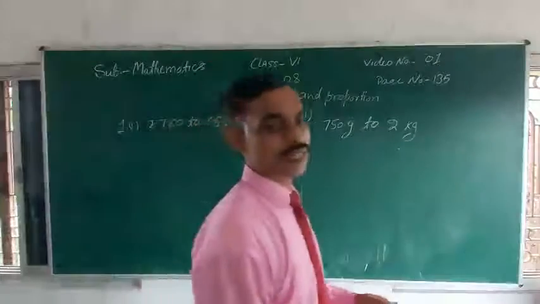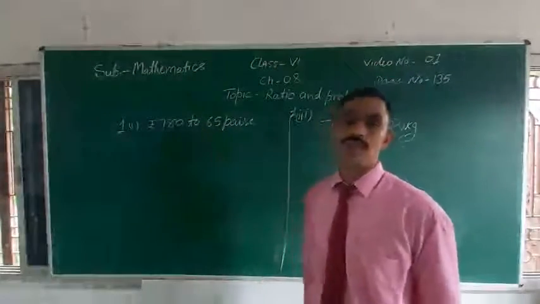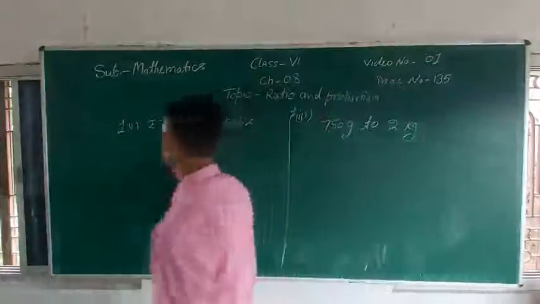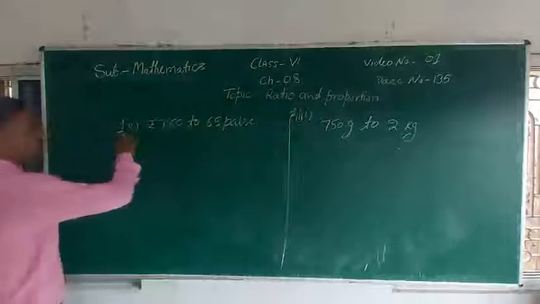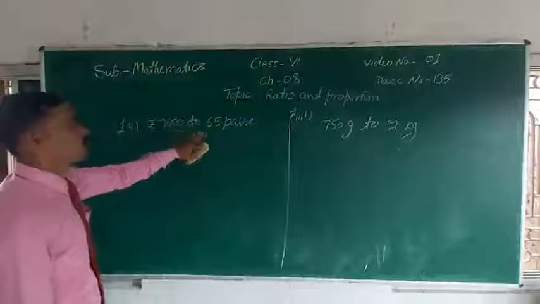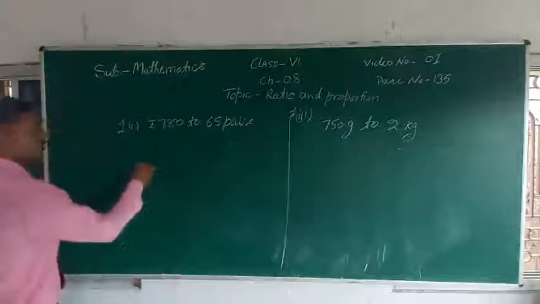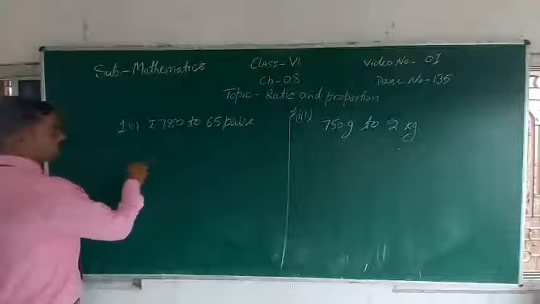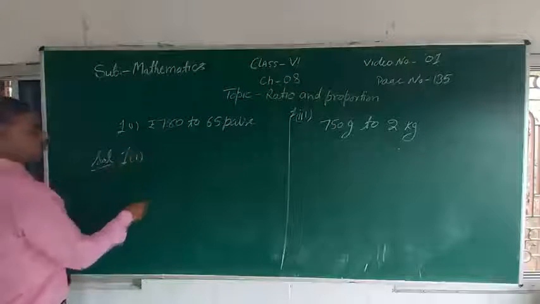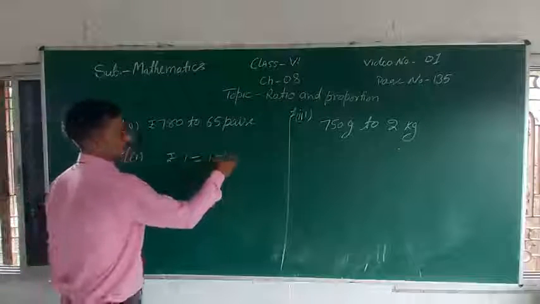Now let us take some examples, where we have to convert the ratio into the simplest form. So how will we do this? This is our first question, first part: rupees 7.80 to 65 paisa. First of all we will write the solution. Rupees 1 is equal to 100 paisa.